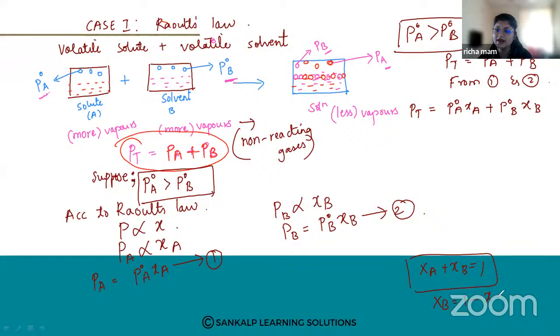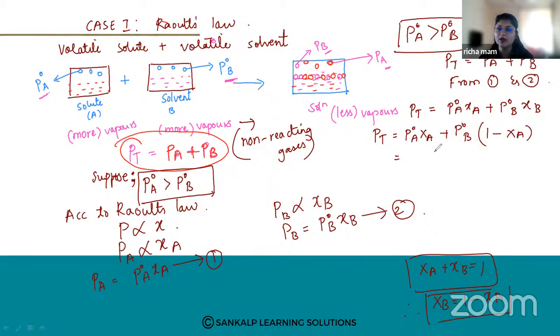Chi B will be 1 minus chi A, right? So now I will put the value. P_T will be P naught of A into chi of A plus P naught of B into (1 minus chi of A). So I'm expressing it in terms of A here.